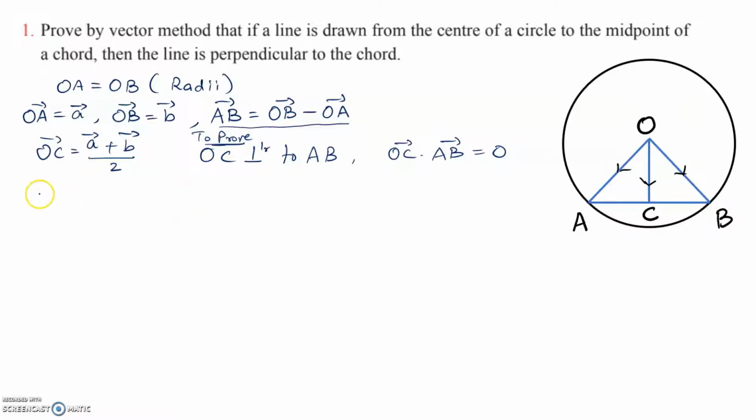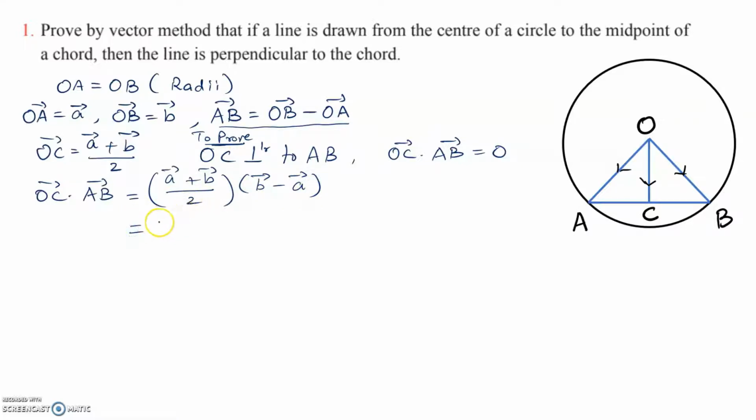OC dot product with AB will be equal to, what is our OC? OC is given by A plus B by 2. So vector A plus vector B divided by 2, and our vector AB is OB minus OA, which is B minus A.